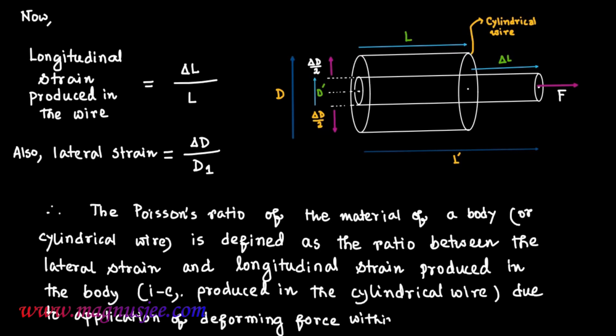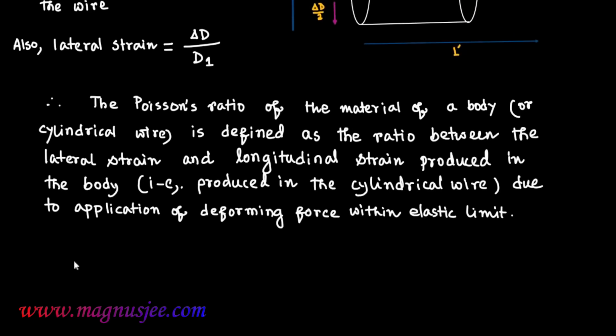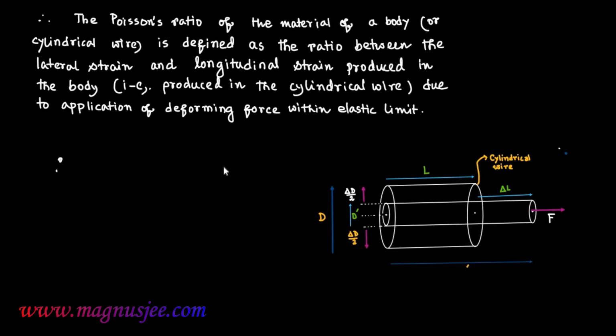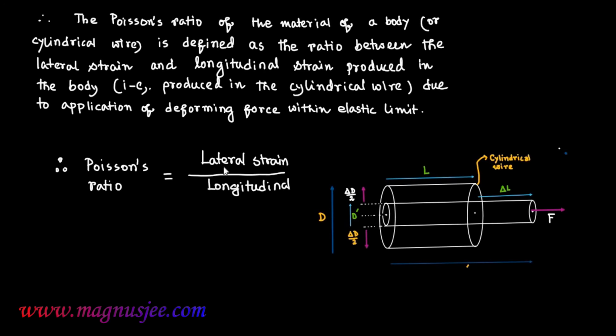The Poisson's ratio of a material, a body, is defined as the ratio between the lateral strain and longitudinal strain produced in the body due to application of deforming force within elastic limit. Therefore, Poisson's ratio is equal to lateral strain divided by longitudinal strain.